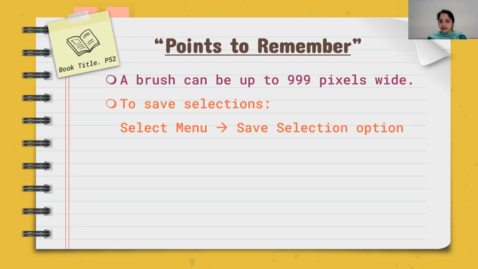And when you deselect that area and you want to reselect that area again after making other changes, you can load that selection again by using the select menu load selection option. Once you had saved the selection, you do not need to select it again by using the various selection tools. You can again reselect that area by using the select menu load selection option.